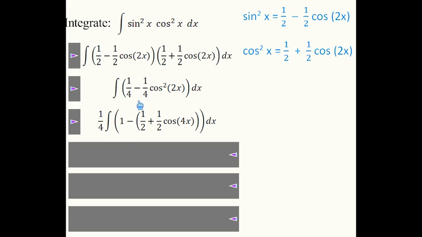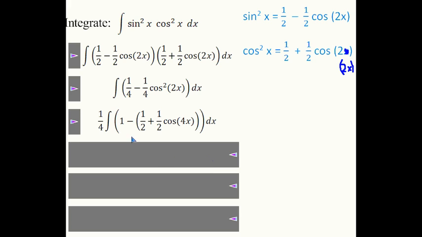From right here we have the 1. And this was our cosine squared of 2x, but plugging in to this equation we get 1/2 plus 1/2 cosine of 2 times 2x. So instead of having our 2x here, it's times a 2x. And so we see that we have this 4x right here.